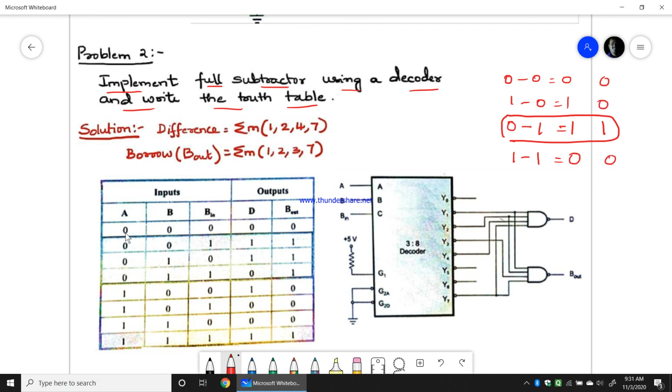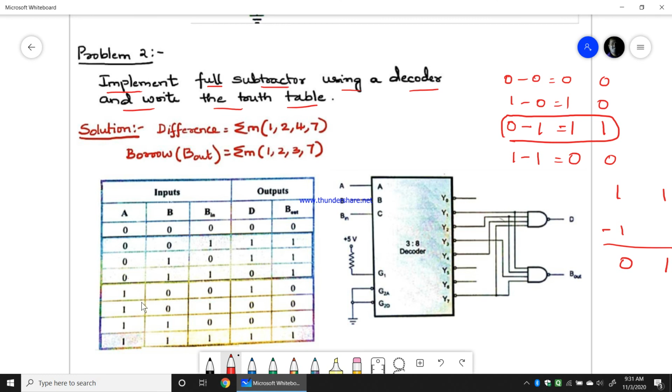So therefore now 0 minus 0 minus 0 is 0, 0 difference and borrow. 0 minus 0 minus 1 makes difference 1, borrow 1. Similarly 0 minus 1 minus 0 makes difference 1, borrow 1. Anyway, that minus 0 is 1 only. 0 minus 1 minus 1 makes difference 0 and borrow 1. That is what we can see.